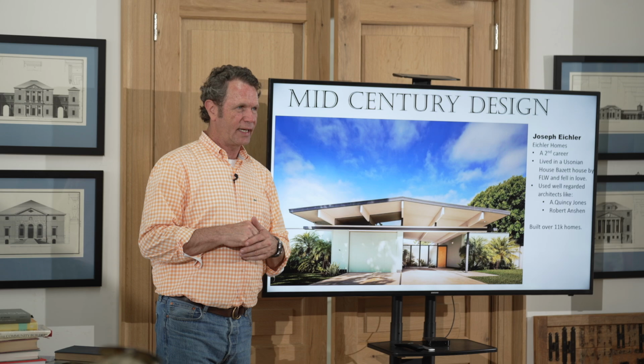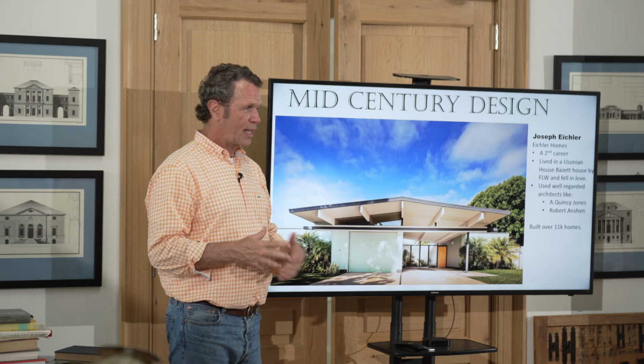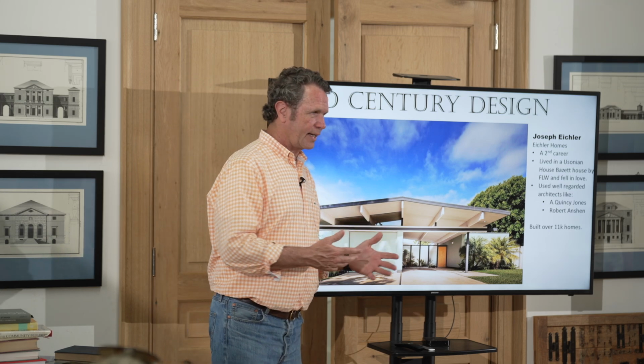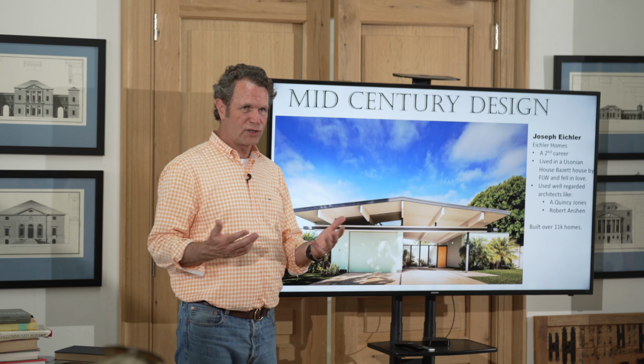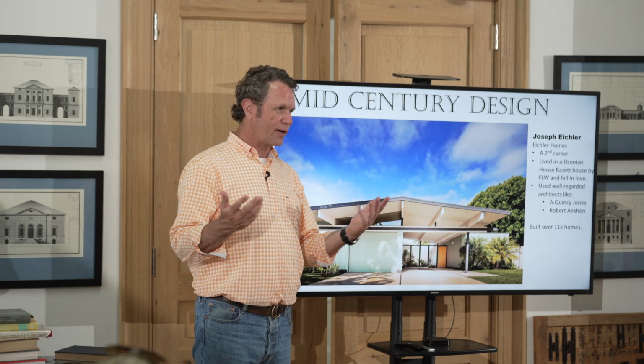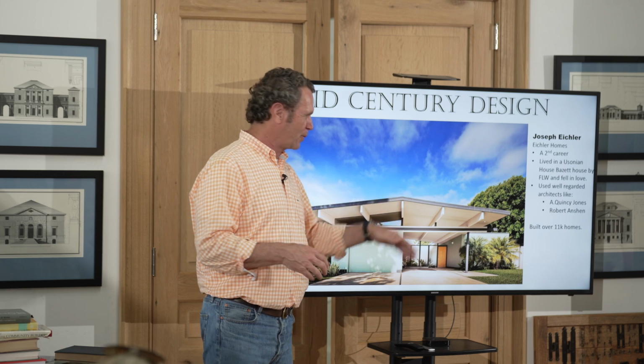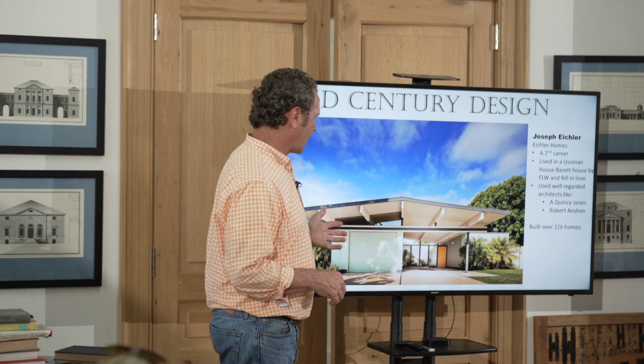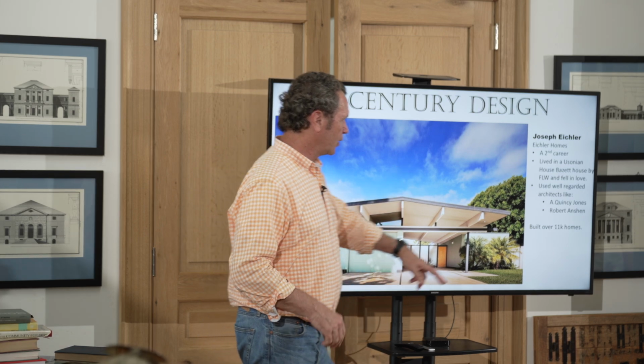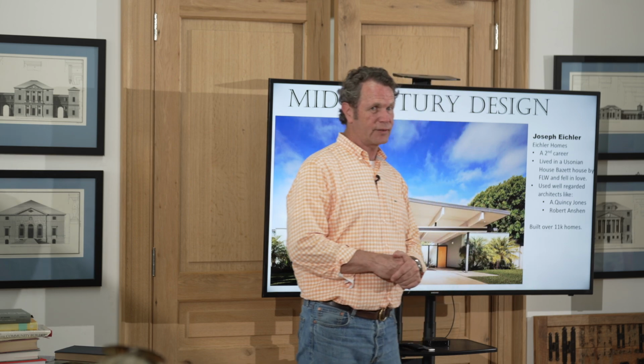So it was an interesting comment about modernism, that modern houses just aren't that popular. I think it's cool to say I love modern housing, but the fact is most people don't and have a hard time buying it. But he built over 11,000 houses. I mean, he built a lot of houses.